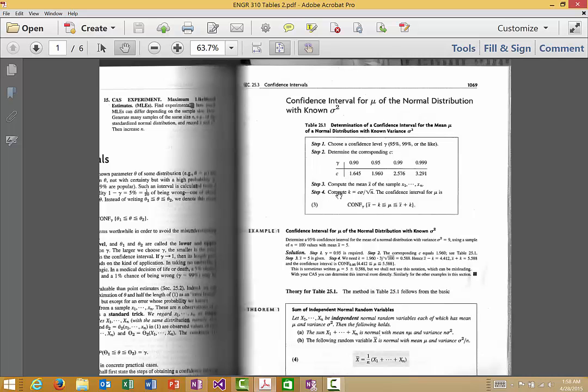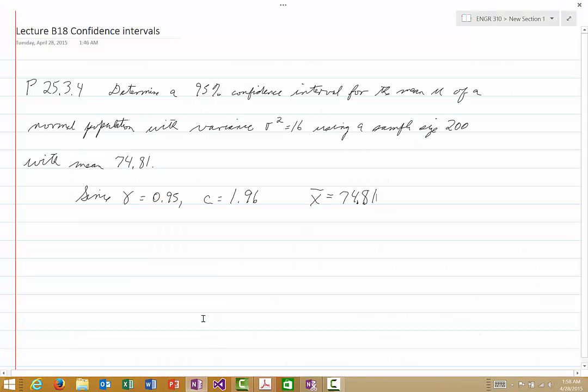And then the fourth step is to compute K, which is defined as being equal to C sigma divided by the square root of n. C is 1.96, as we've already noted.